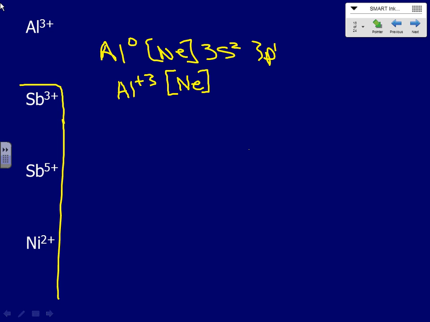I think I have enough room now to keep going with the Sb. So Sb0, let's do that first so we can compare it. Antimony, right down here. Previous is krypton.